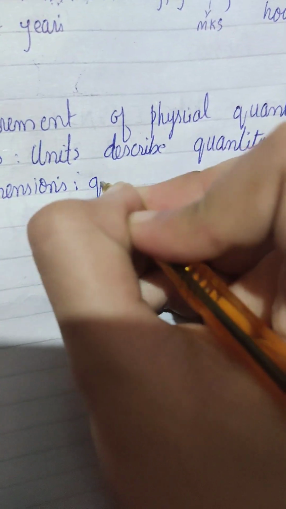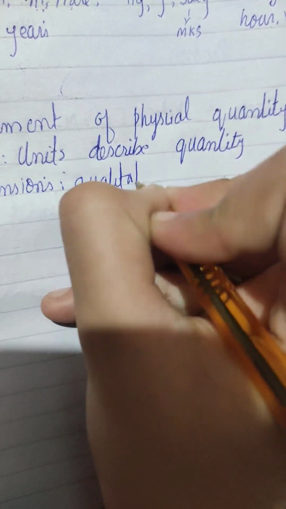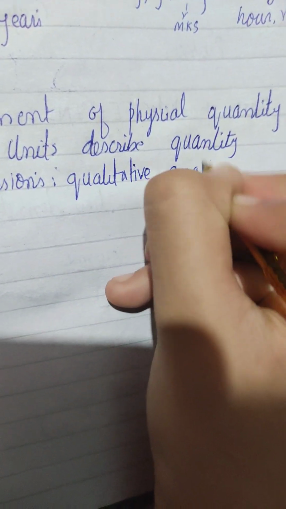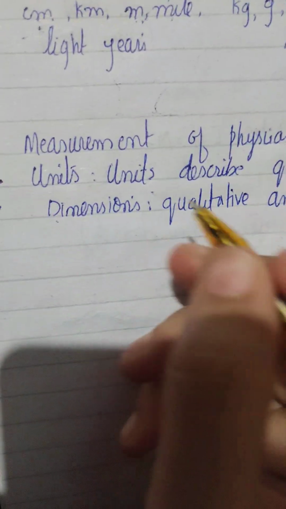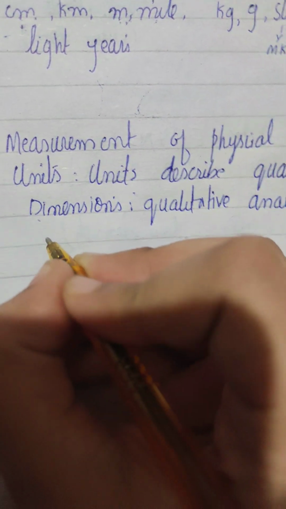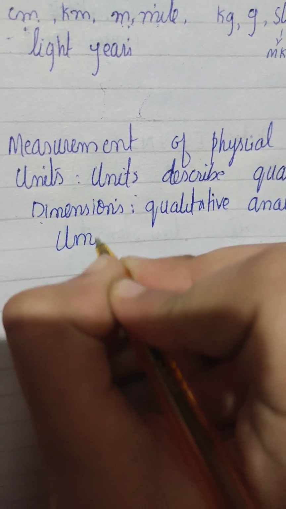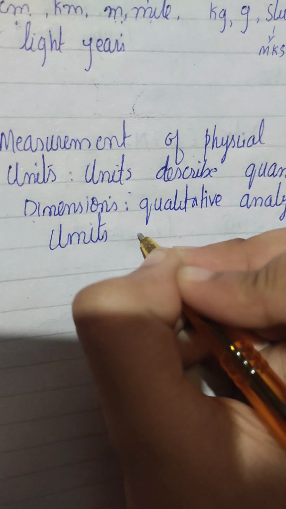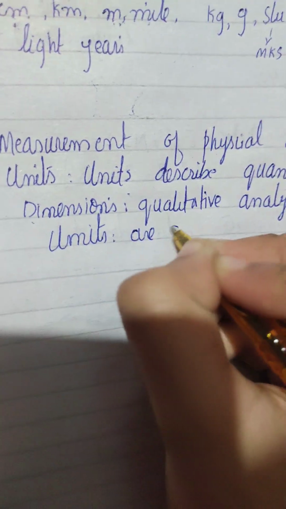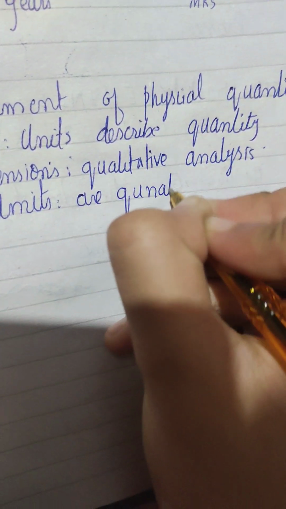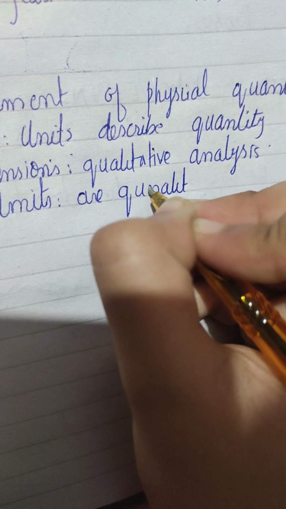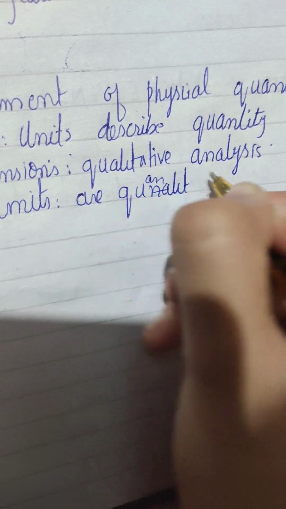So we can also say that dimension are the qualitative analysis, whereas their units are quantitative analysis, right?